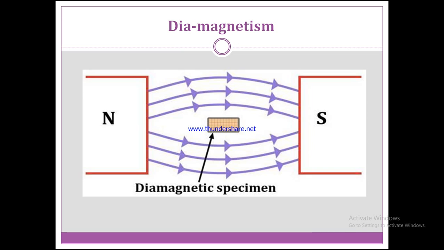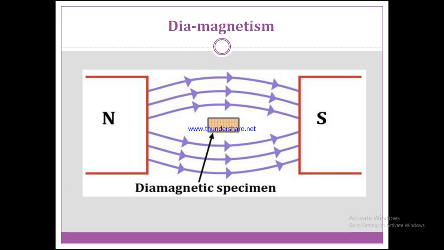Now the slide shows the concept of diamagnetism in terms of magnetic flux lines. When a diamagnetic specimen of material is placed between the magnetic poles, it creates magnetic flux lines flowing from the north pole to the south pole, passing by the diamagnetic specimen of the material.